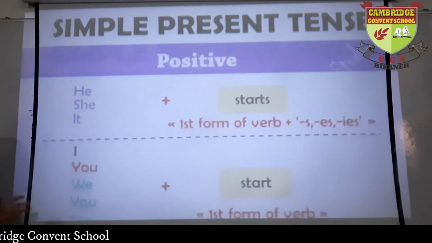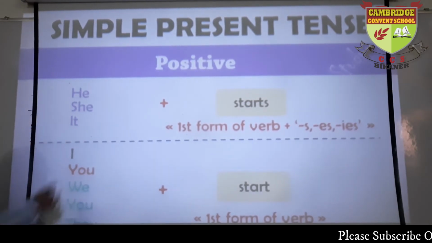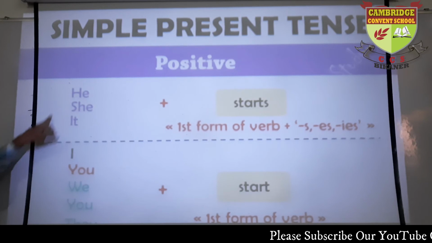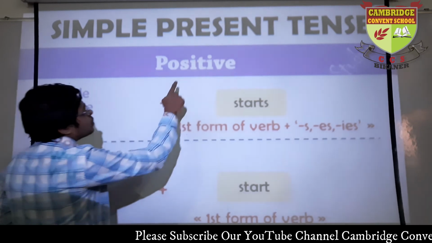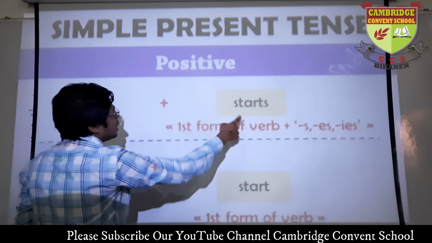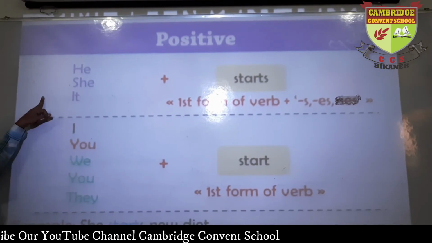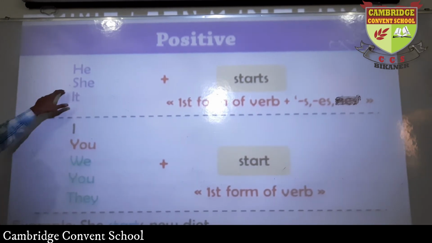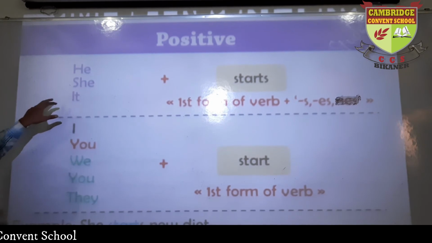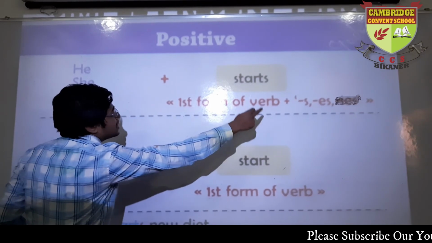Let's discuss again the structure with the help of subjects. For the singular subjects like he, she, it, they all are singular subjects. With the singular subject in positive sentences, we use the first form of the verb plus s or es.